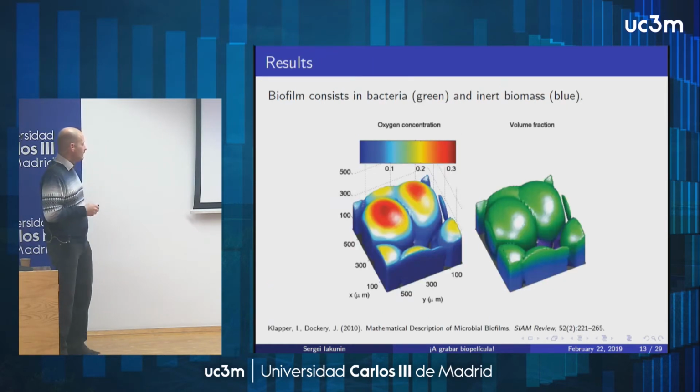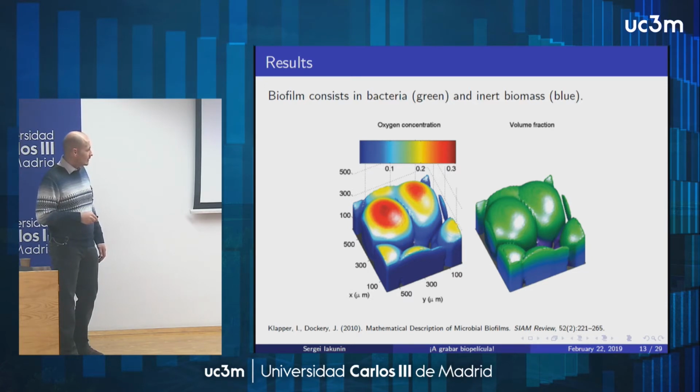Well, using this method, Klapper and Dockery resolved the equation from the previous slide for the 3D case and obtained more or less similar behavior to the 1D case. We have here only bacteria represented by green color and inert biomass, or dead cells, represented by blue color.